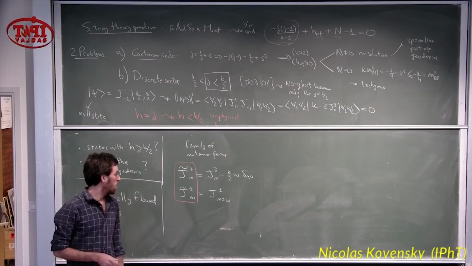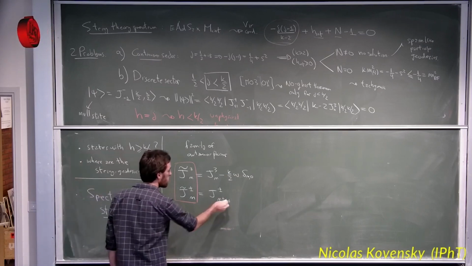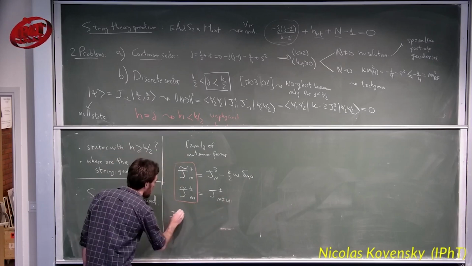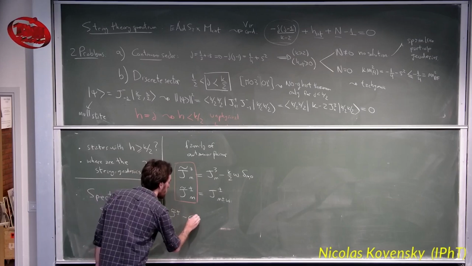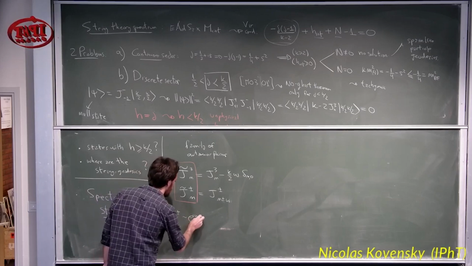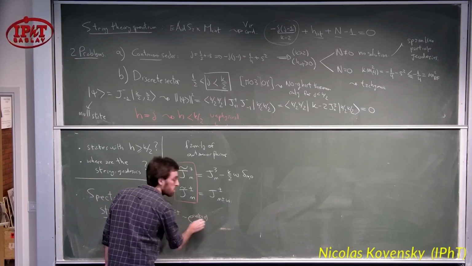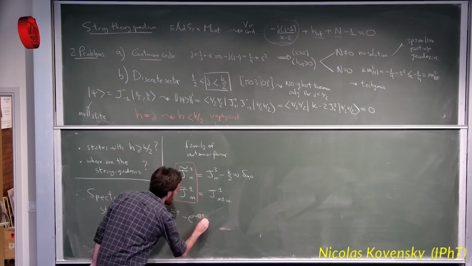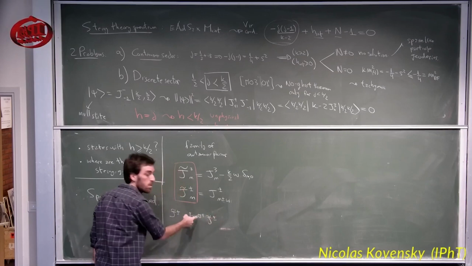Okay? And so there are two comments here. First of all, why do you get this shift in the modes? Well, if you remember the first lecture, we had that J plus or minus tilde were something like e to the i tau plus sigma, something like this, right? So we had the sigma plus, and you have the plus minus in the exponent.